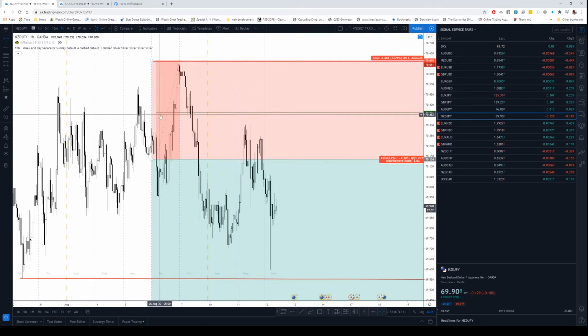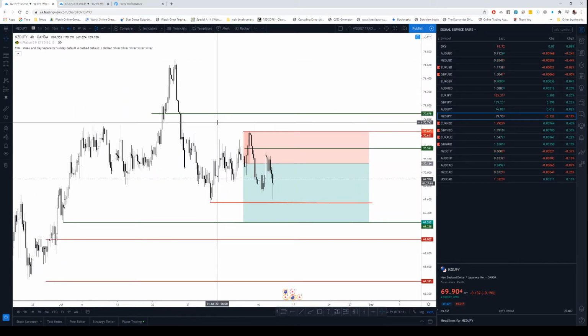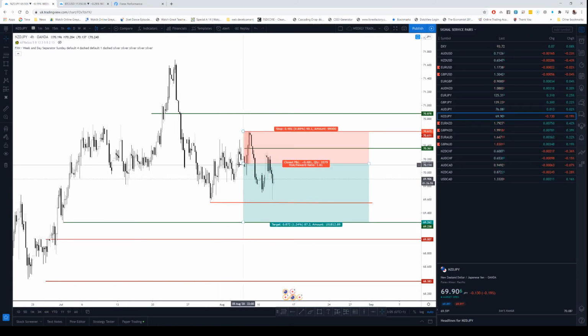Similarly to this one, we did have the level I liked up there, we didn't quite get there. For those of you who are action men that want to take action, I did mention that you can take a short from here and place your stop there, but I personally preferred up there. We didn't quite get there, and price swung back down.